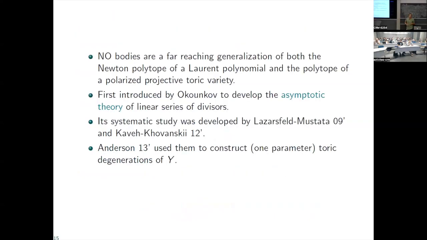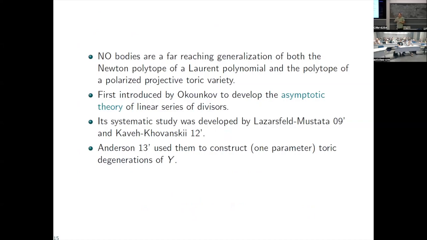I cannot discuss too much about these NO bodies. Let me just say there's lots to say about them. They generalize both the Newton polytope of a Laurent polynomial and the polytope associated to a polarized toric variety. They were introduced by Okounkov to develop an asymptotic theory of linear series associated to divisors.